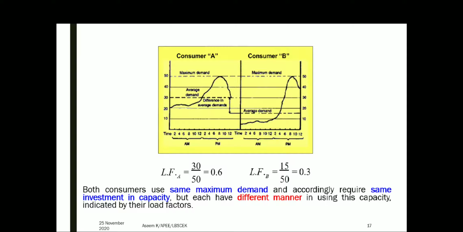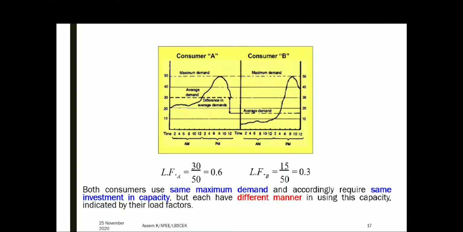Both consumers have the same maximum demand and accordingly require the same investment in capacity. That is the problem. The investment cost for consumer A and consumer B are both equal, but each uses this capacity in a different manner.